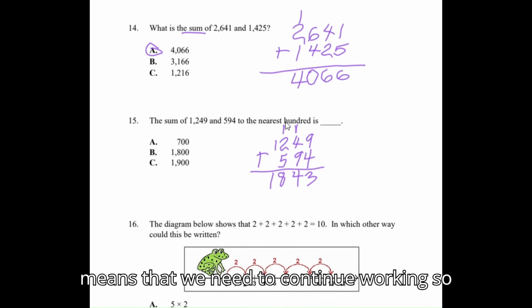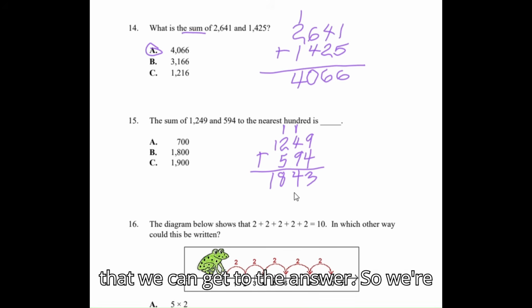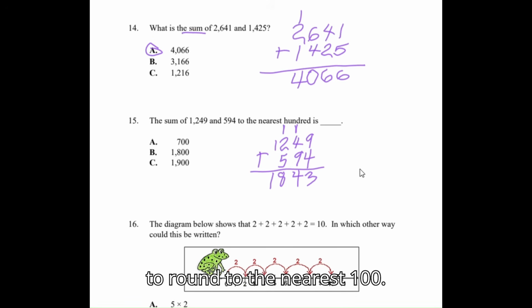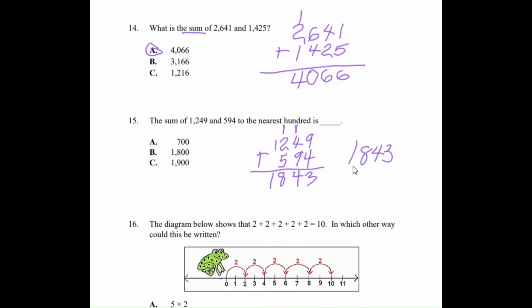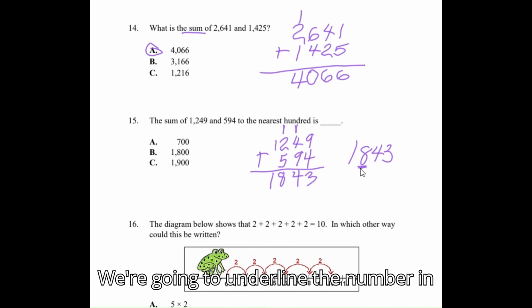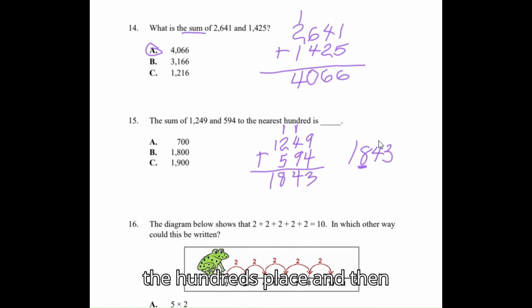But as you can see, that is not one of the answers. So it means that we need to continue working so that we can get to the answer. So we're to round to the nearest 100. Our answer is 1843. We're going to underline the number in the hundreds place, and then we're going to look behind to see which digit is behind that.